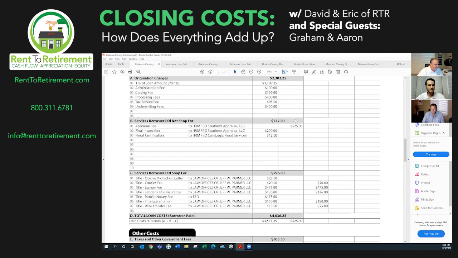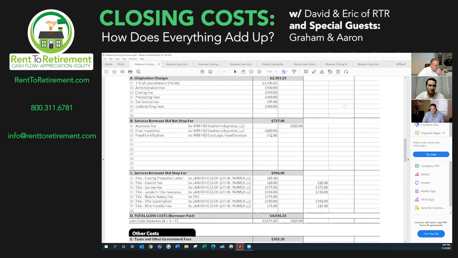On the front end estimates, that is still factored into their bottom line cost. Now on the final closing disclosure, we're able to move that cost over, and it's now reflected as paid outside of closing. That's not being factored into their total down payment and closing cost.